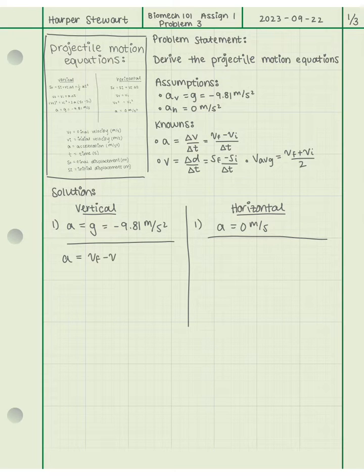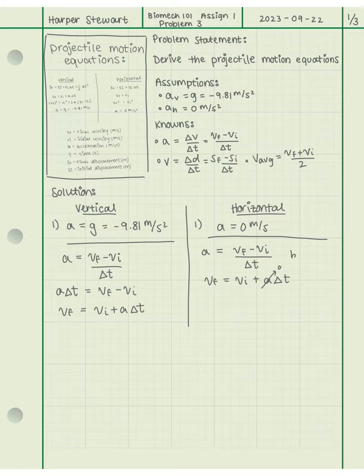Then to derive our second equation, we rearrange our equation for acceleration by multiplying change in time to the other side, and we end up with velocity final equals velocity initial plus acceleration times change in time. If we take this same property to the horizontal, plugging in 0 for acceleration, we end up with velocity final equals velocity initial.